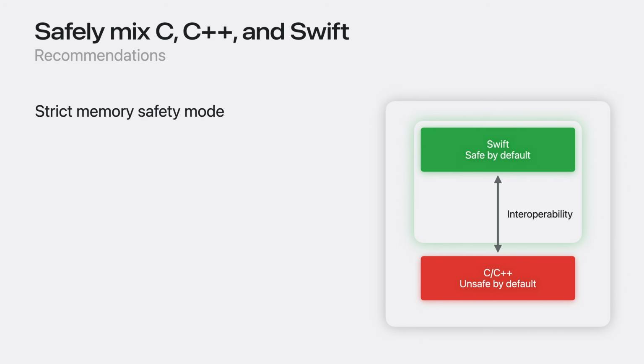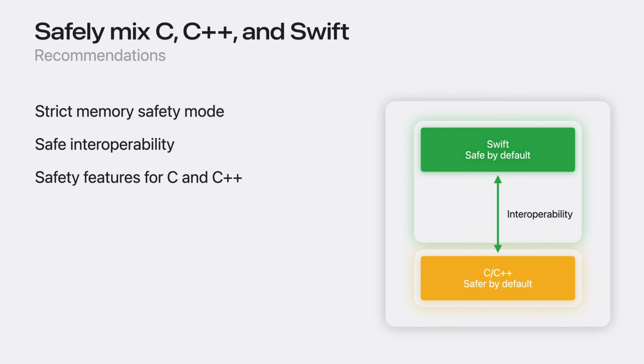This will alert you whenever you use unsafe constructs and help you find any unsafe uses of C and C++ APIs. Make sure Swift can safely interact with unsafe C and C++ APIs by adding annotations to them. Make C and C++ safer by default. You can do this by turning on the new bounds safety features for C and C++.